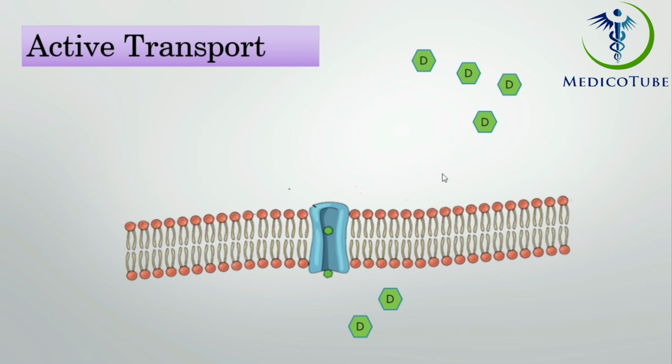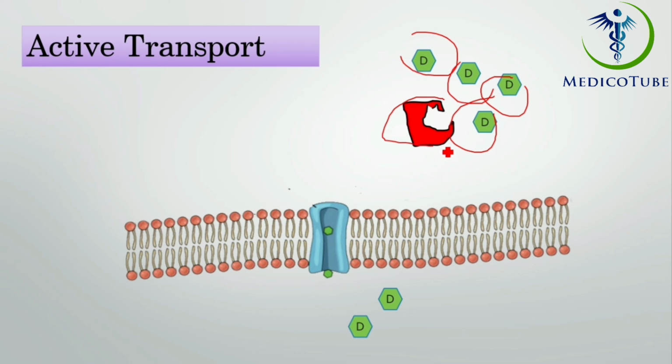So let's see the mechanism. These are the drug molecules outside the cell membrane, and we need a carrier protein. Look, this is the carrier protein. We must need the carrier protein. So the drug goes through this carrier protein to cross the cell membrane. These are the drug transporters or carrier proteins.